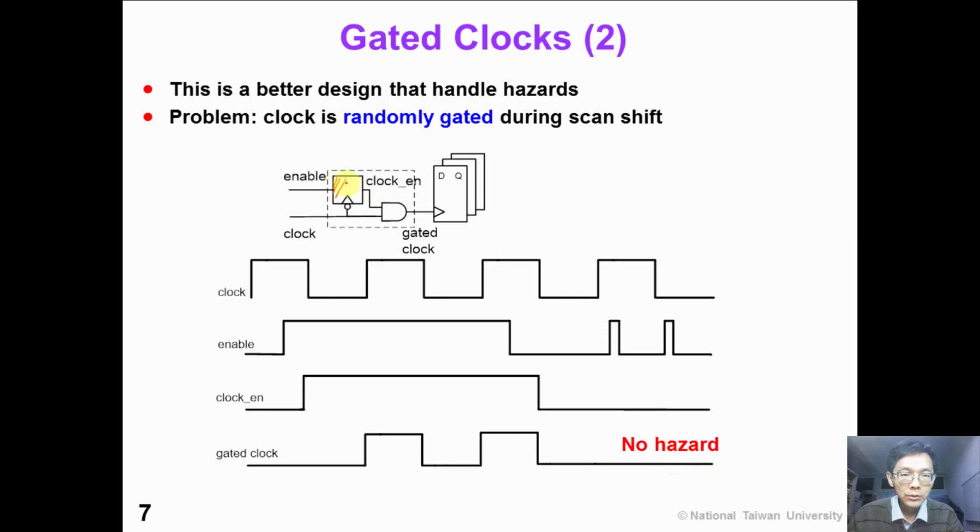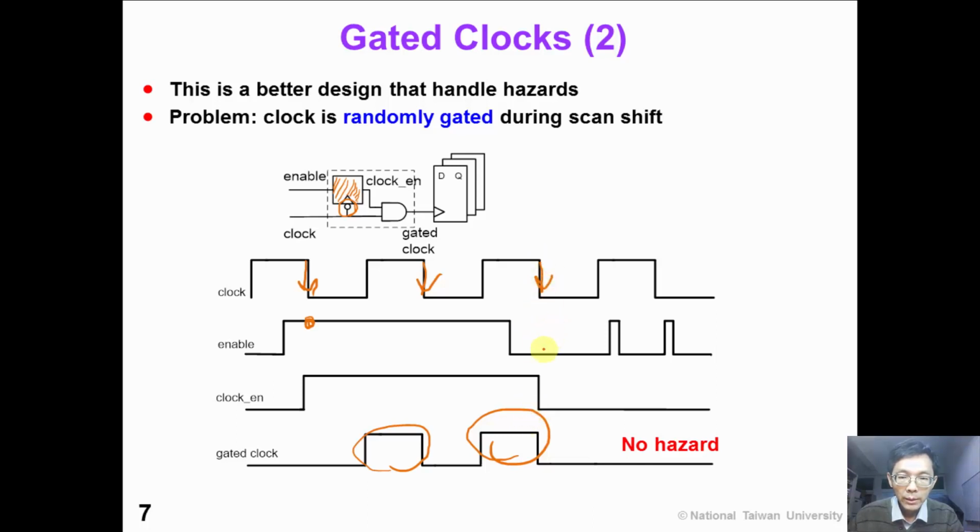We will insert a flip-flop here, which is a negative edge trigger flip-flop. At the falling edge of the clock, we will sample the value of enable. When enable is 1, the following clock will be turned on.